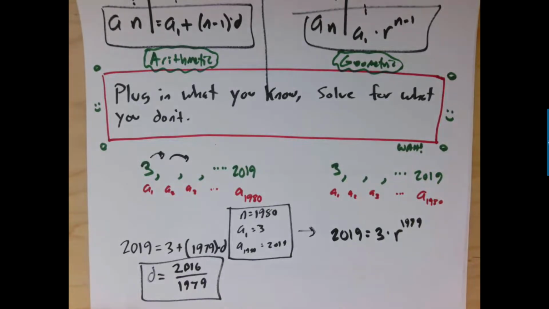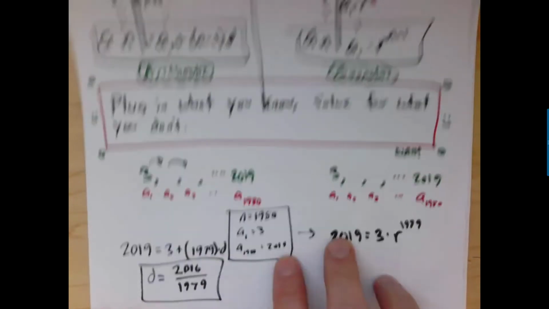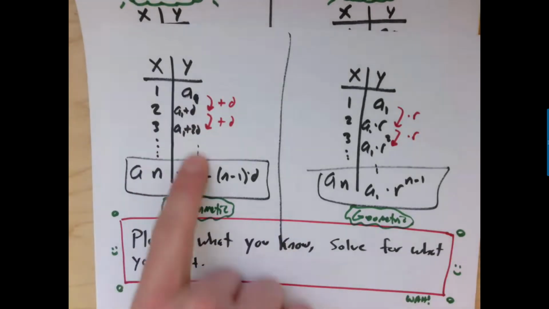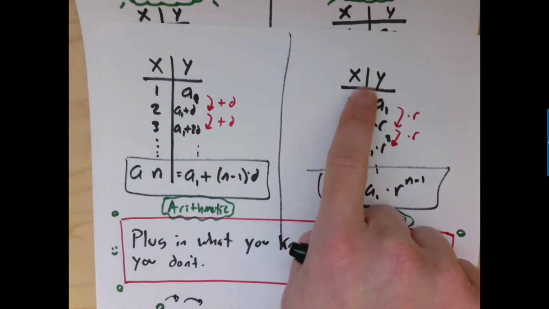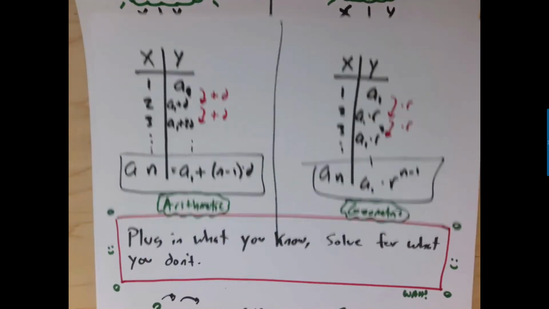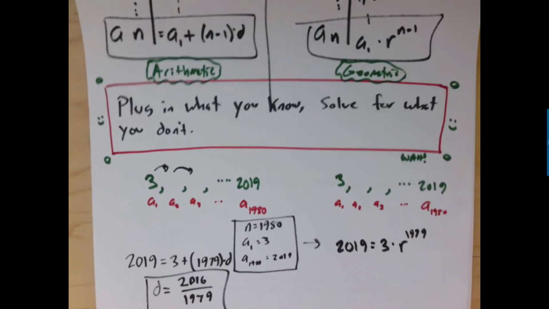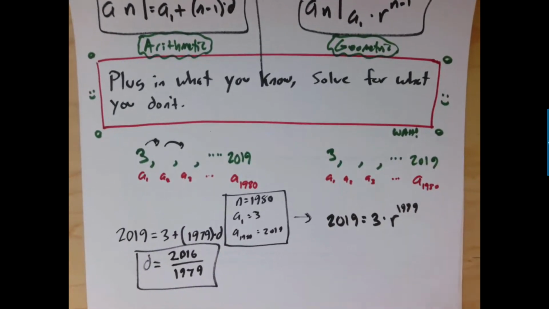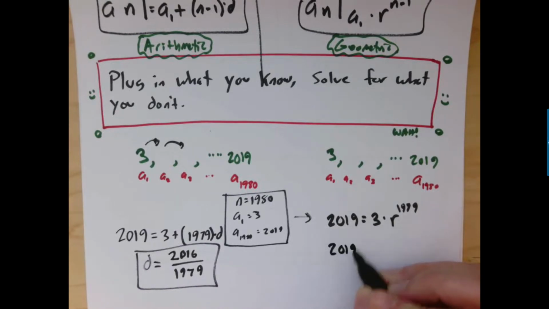We've got 2019 is 3 times our growth rate, because that's what we don't know. That's the r here, sort of like the d over there, remember? Here d is a constant additive growth. Here r is a constant multiplicative growth. So same kind of thing. Let's solve. So here I've got 2019 over 3.